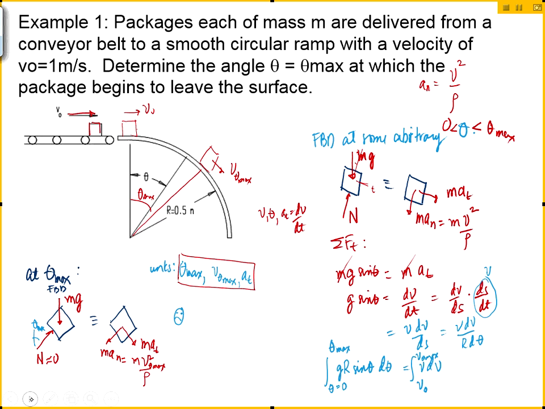Okay? Now I'm going to do the integration. What's the integral of g r sine theta d theta? Negative g r cosine theta, evaluated from theta equals 0 to theta equals theta max, must be equal to, what's the integral of v dv? Okay, v squared over 2 evaluated from v naught to v at theta max. Okay, so I'm going to do the limits.